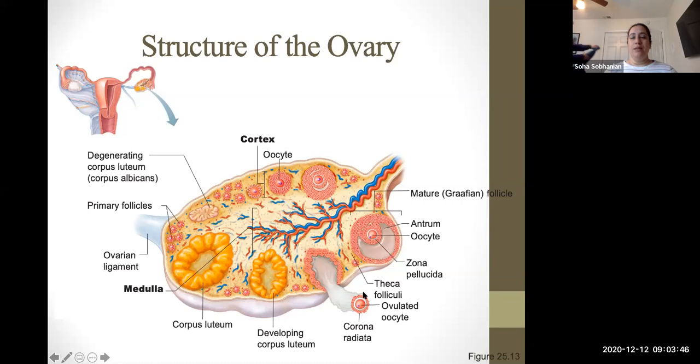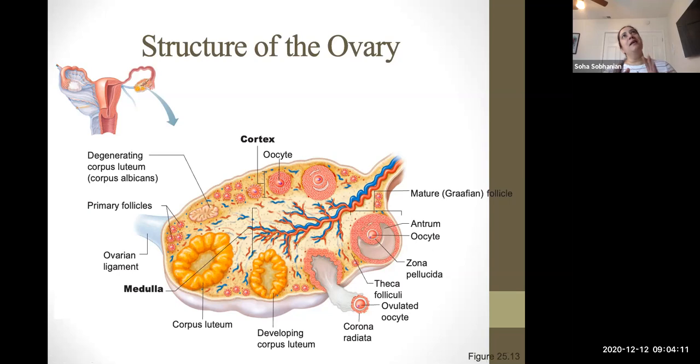This is really important because when we're looking at the fertilized egg, when a sperm reaches an oocyte, it doesn't reach the oocyte just by itself. It first needs to go through the corona radiata and then eventually reaches the egg. It also has to go through what we call the zona pellucida.